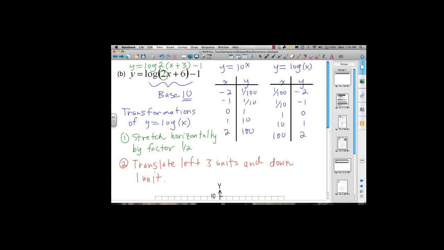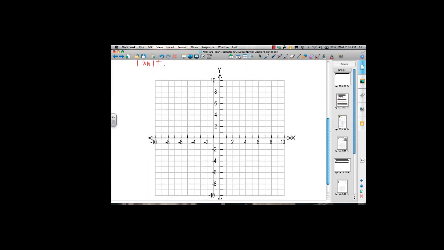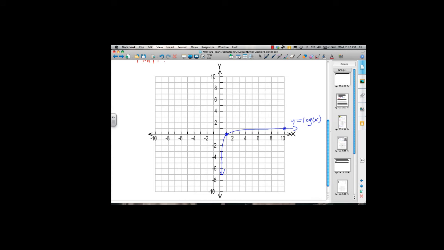Similar to the last example, we'll start out with the base graph and then go from there. So we've got the log of x graph to start with.